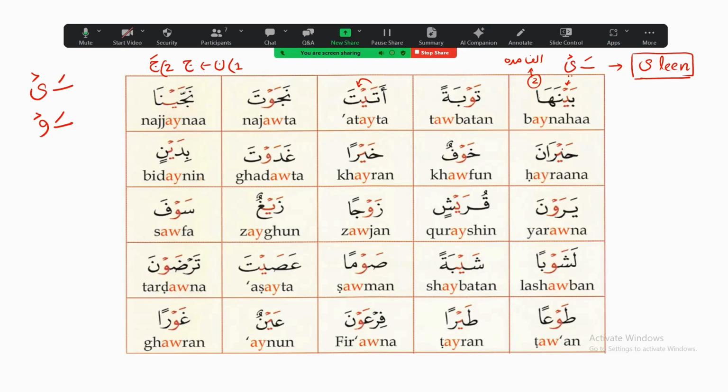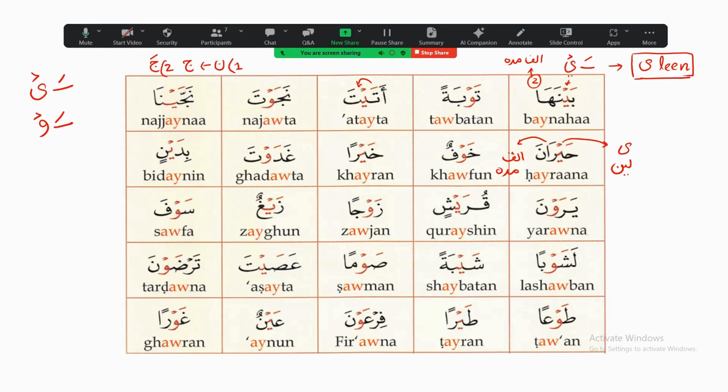Hayrana. So you see the role of these maddas and leans. The first one here is ya lean. The second stretch here is for alif madda. Even though the two letters ya and alif are sakin here, on ya the symbol of sakin is specifically mentioned, but in the case of alif it isn't.